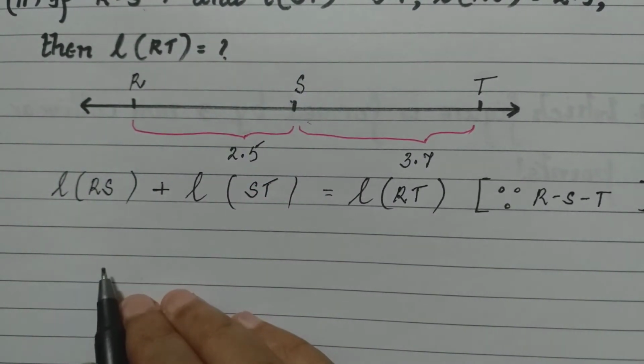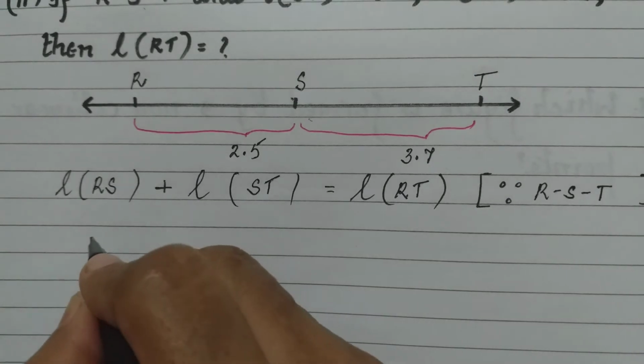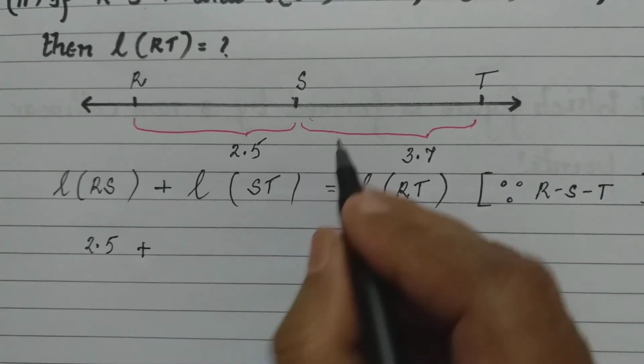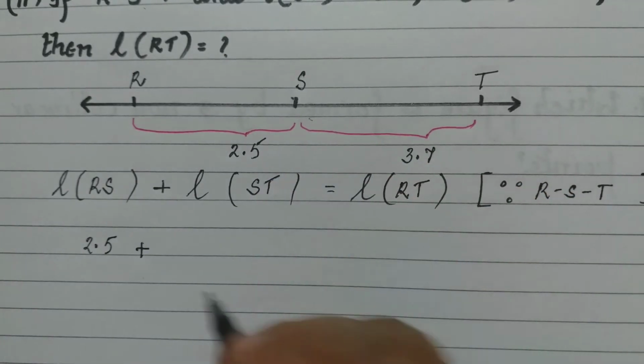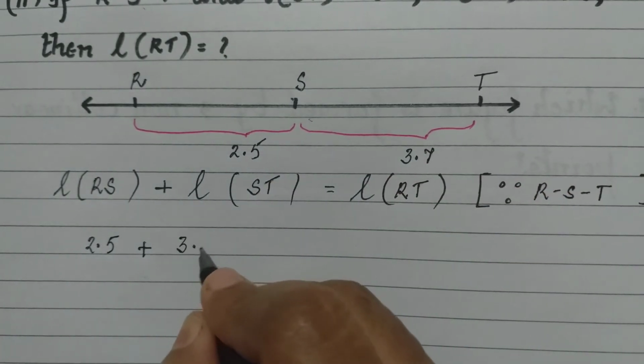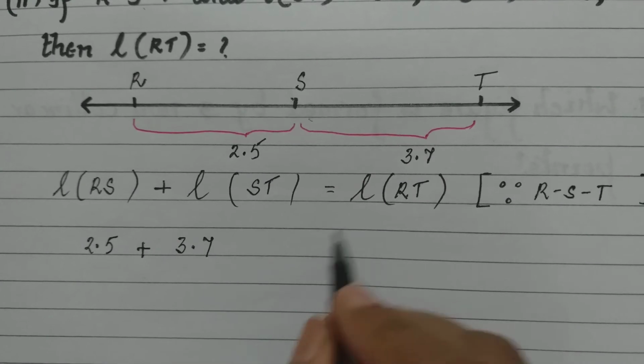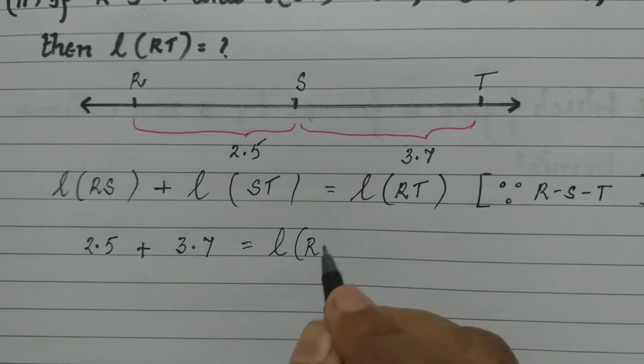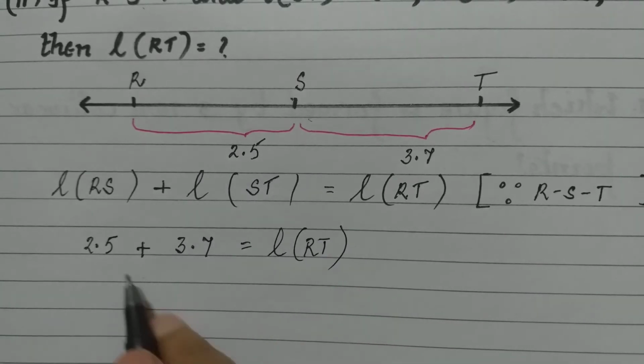In place of length of RS, I will write 2.5. What is length of ST? In place of length of ST, I write 3.7 is equal to length of RT.